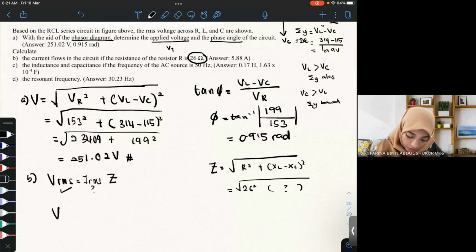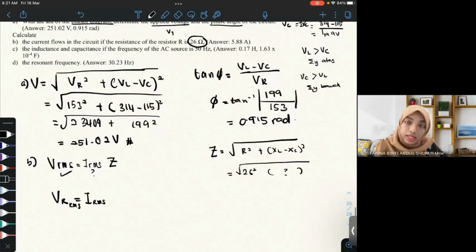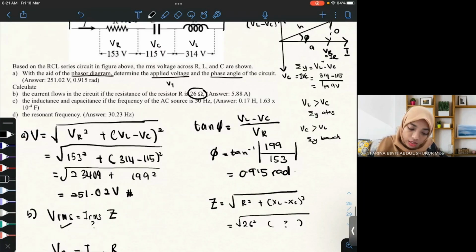It's just that the Ohm's law across a resistor is going to equal to the current that passes through the resistor, RMS kita. Ini pun RMS. And then, dekat sini, because we are only talking about voltage across resistor, maka opposition dekat sini adalah melalui resistance sahaja.